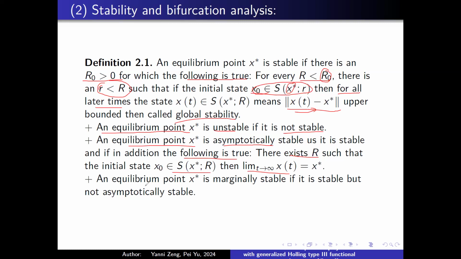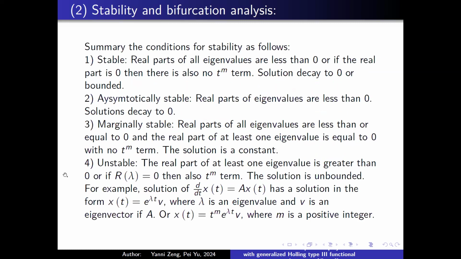The third case is that equilibrium point X star is marginally stable if it's stable and not asymptotically stable. This is the definition, and we can use it for the paper.